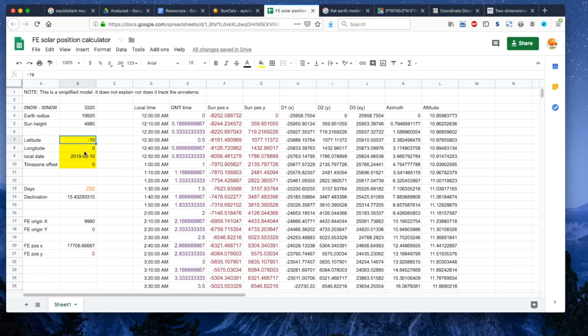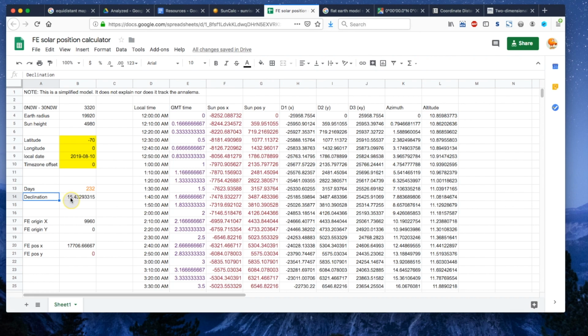This is where you would plug in your geocoordinates. This is the day that you want to look at the sun's position. This is the time zone for your local position. These calculate the sun's declination for that particular day. I'm not exactly sure what the proper definition is. I think the declination is the angle from the ecliptic and stuff like that.